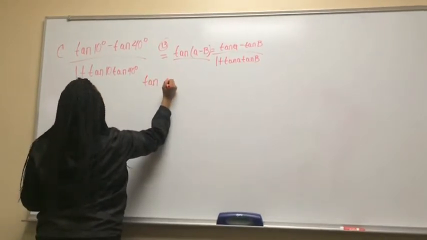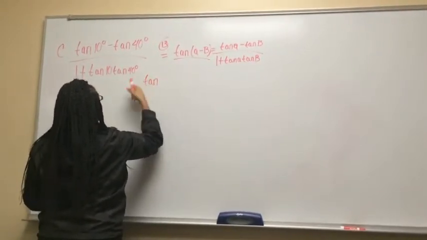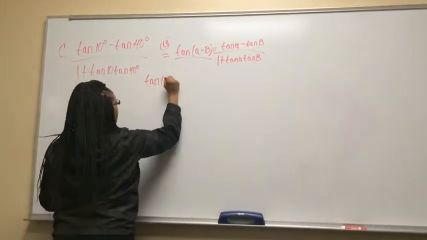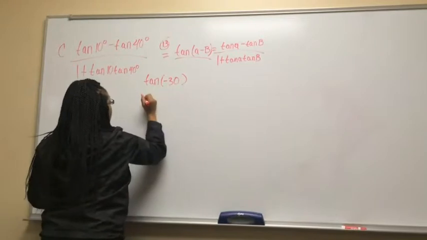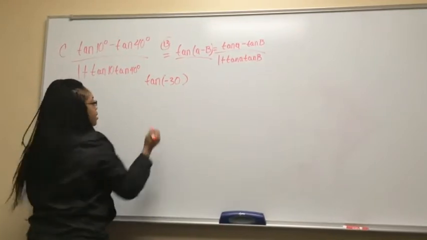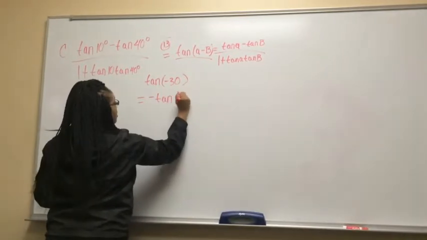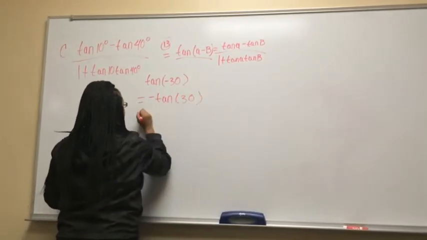tan of 10 and 40. 10 minus 40 degrees is negative 30 degrees. So I did the odd-even identity and I got negative 30 degrees.